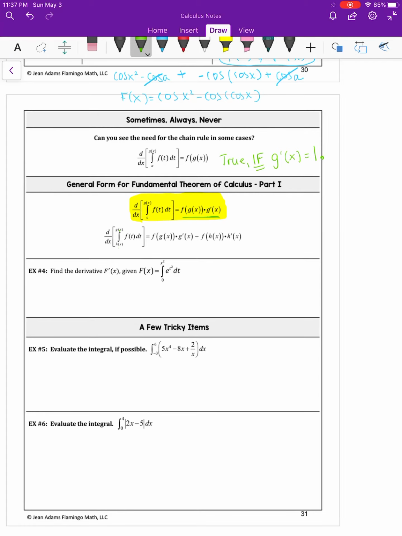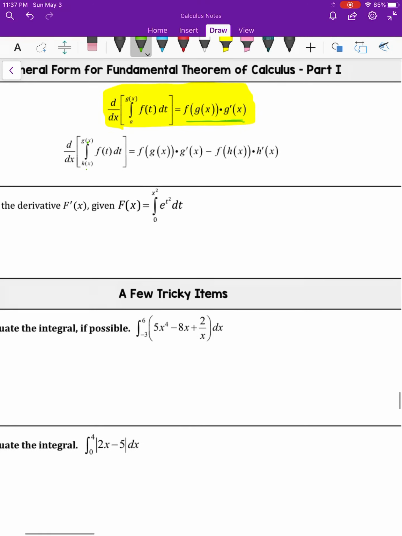If g prime of x equals anything other than 1, you have to use this, okay? So the derivative of the integral from a function to a function ends up being f of g of x times g prime of x minus f of h of x times h prime of x. So that's another general form.